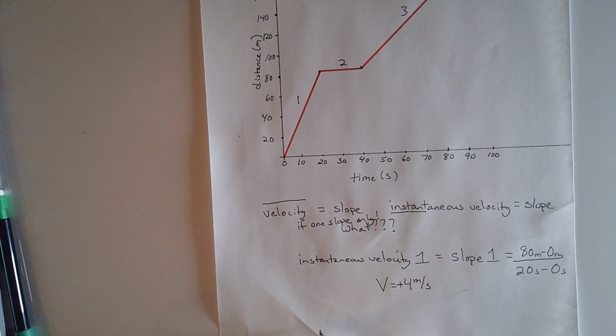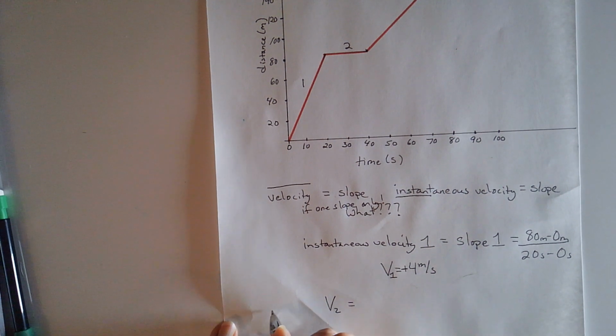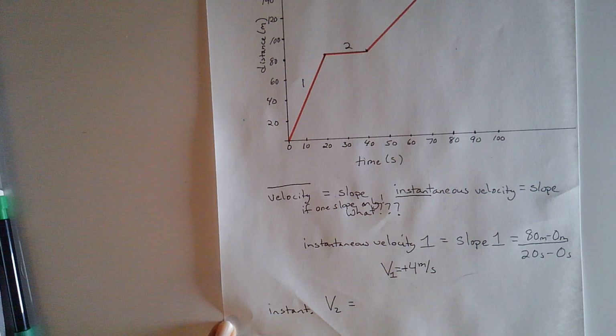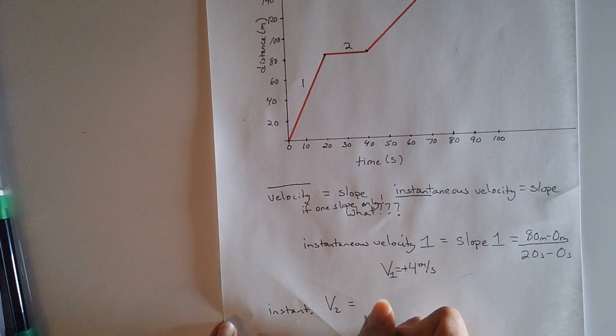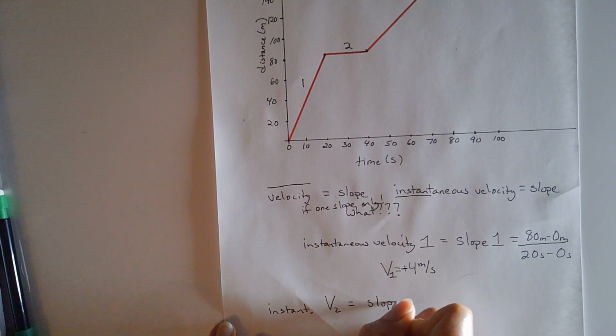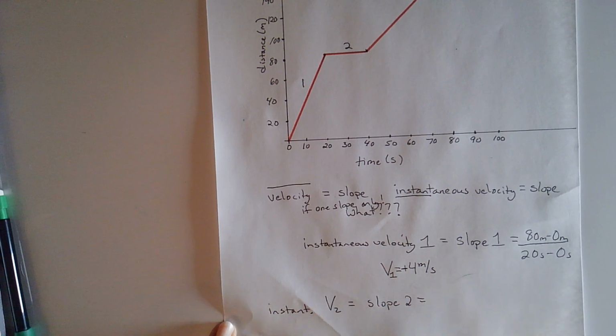Okay? For velocity 2, so we'll call this velocity 1. For instantaneous velocity 2, and I'm going to note over here, instant velocity 2, we're going to do the same thing, but we're going to do it for line segment 2. Okay? So for that, slope of segment 2, well, it's at 80 meters.